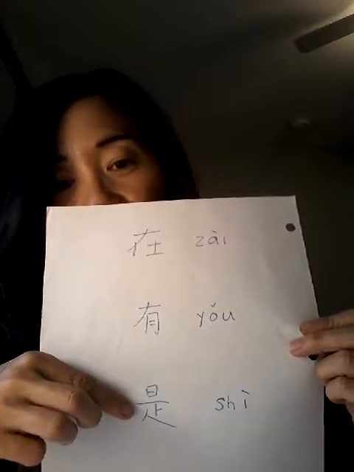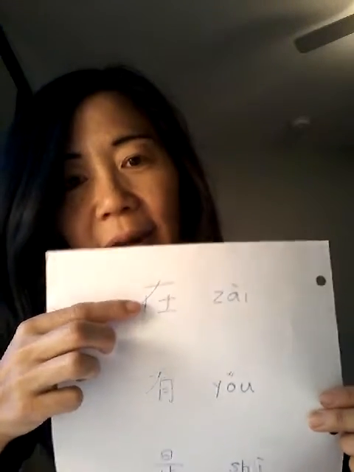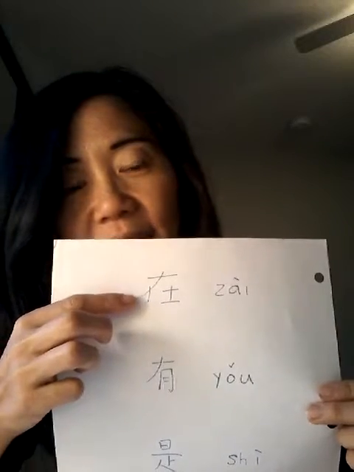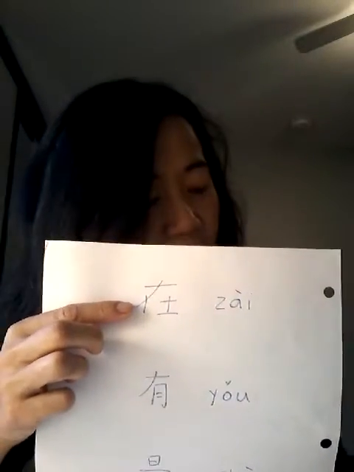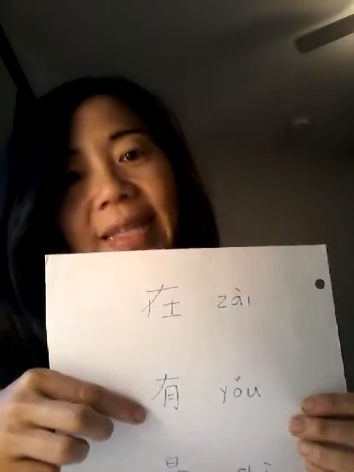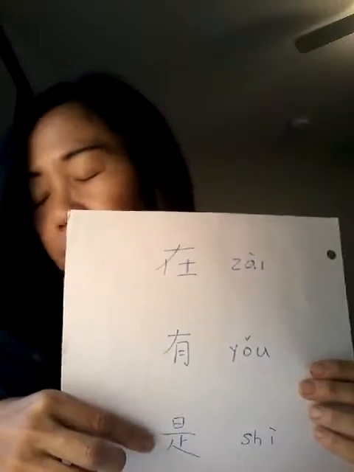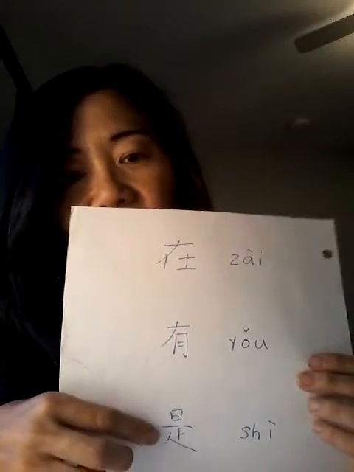The third one is 是. Now, 在 means more of a location. So 在, if it's kind of a location, then you would use that. 有 is have or has. 是 is it is, am, are. So out of these 3 words, what would you put in for this sentence?